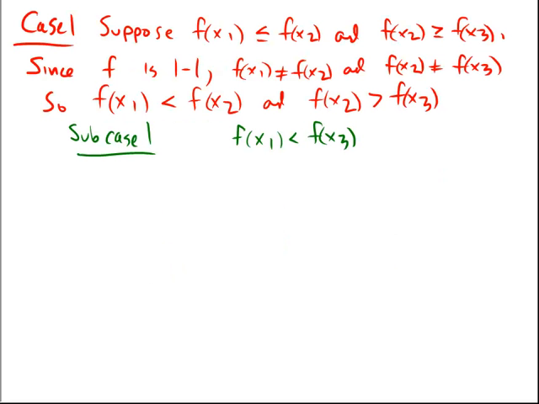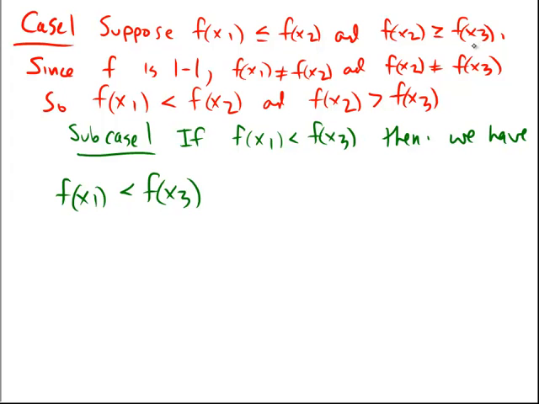Okay, subcase 1. If this is the case, if f of x1 is less than f of x3, what happens then? We have f of x1 less than f of x3, and f of x3 less than f of x2.